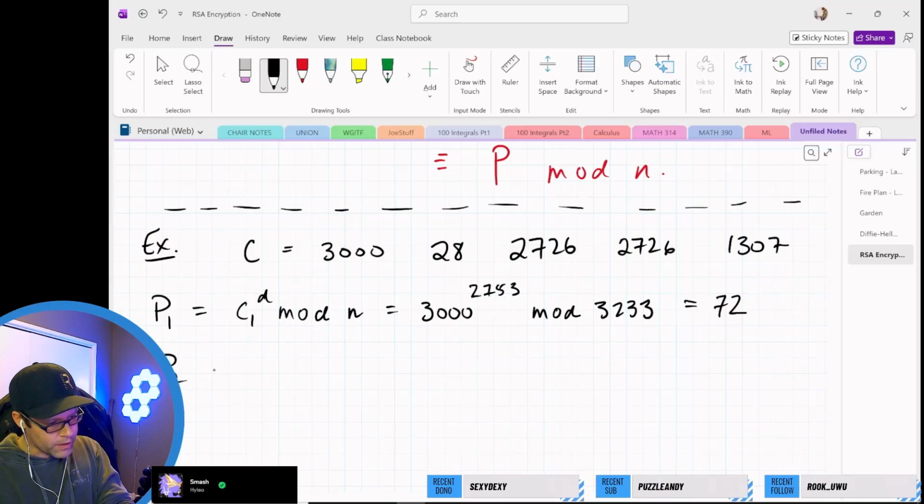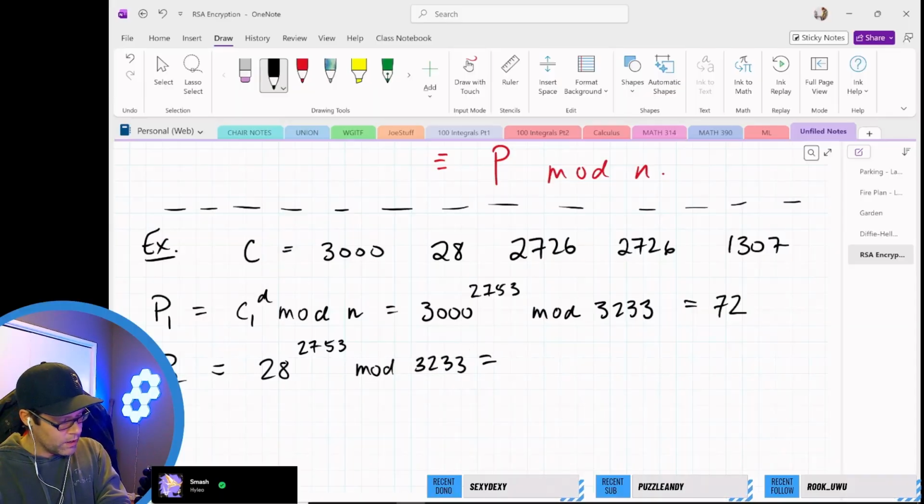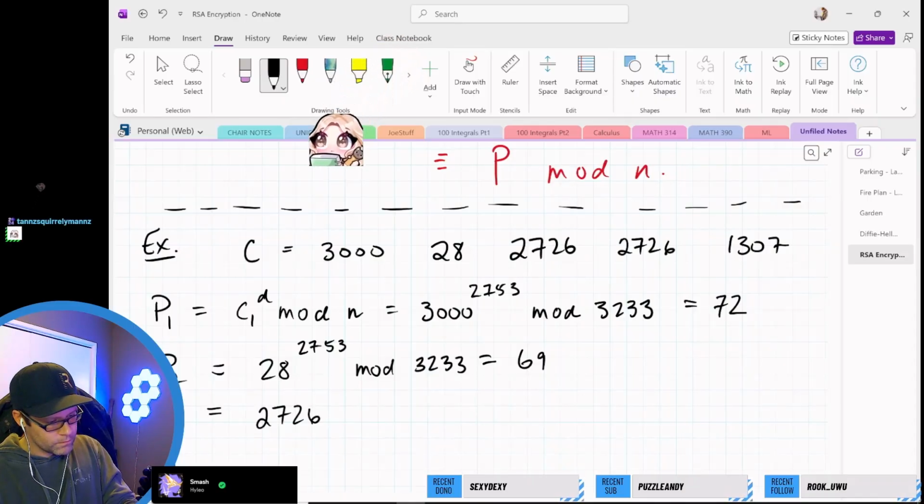Okay, so our P2 calculated similarly. We'll take our 28, raise it to the 2753, take that mod 3233, and that should come out to be the 69 we were looking for, and so on. P3 and P4 are the same, right? So we can just do one calculation here.